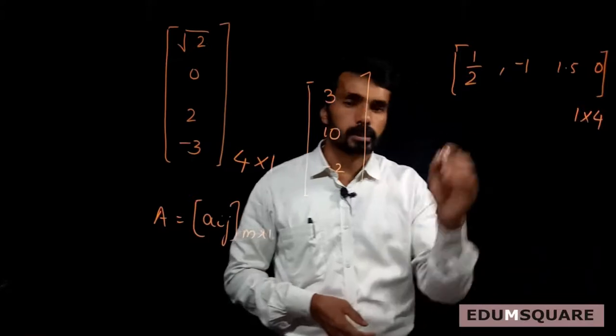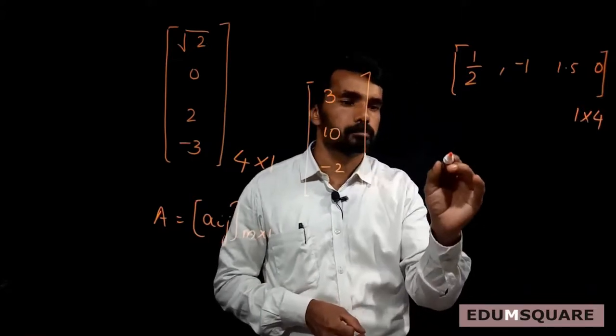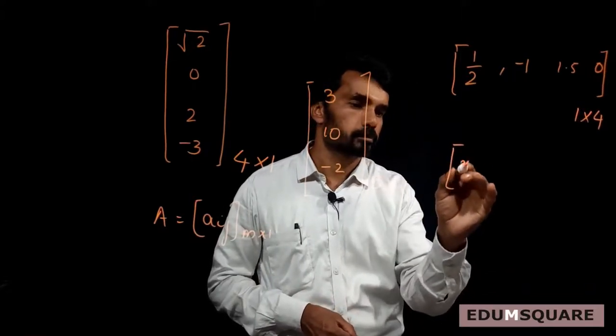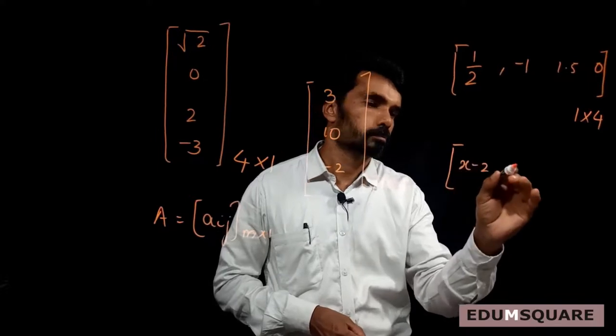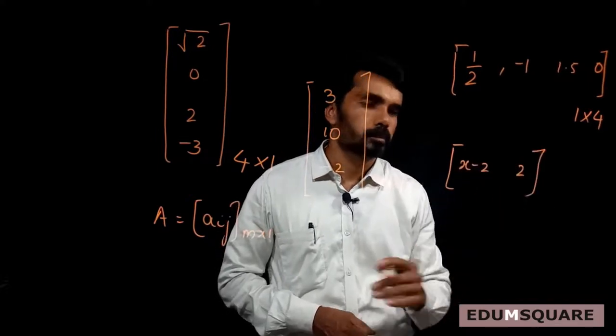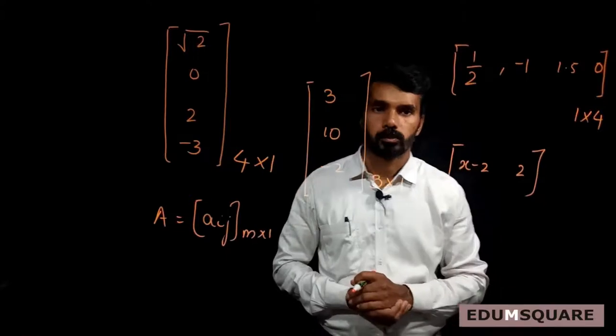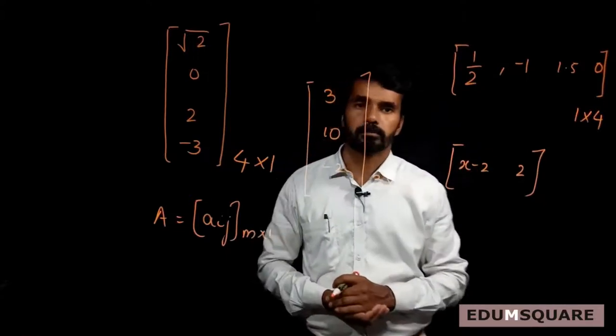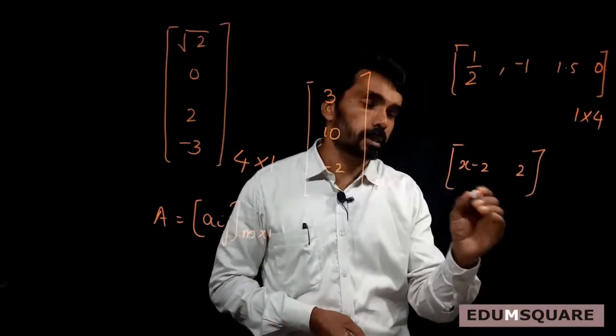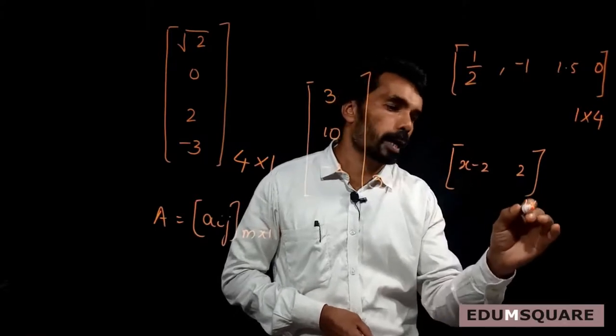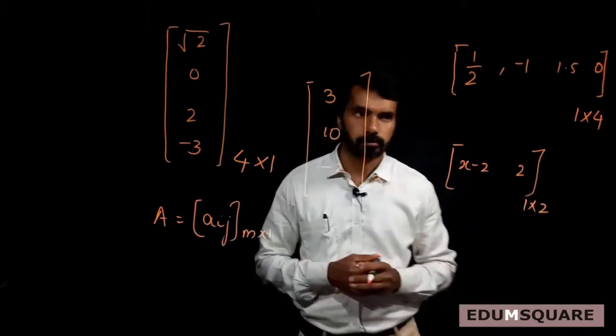Let us consider one more example. x minus 2, 2. What is the order of this matrix? Yes, this is a 1 by 2 order matrix.